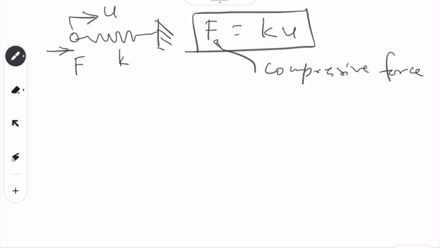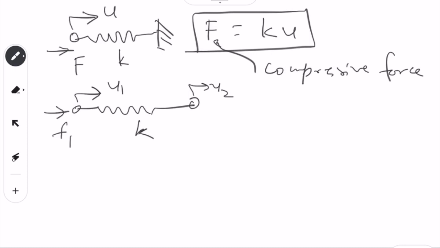Now, let us relate with the original spring system, the spring we had, and we have this was u1, this is u2, right, and then we have k here, and this is f1 and this is f2. What is the equation here now? We have k here, then u1 minus u2 is u here, right.